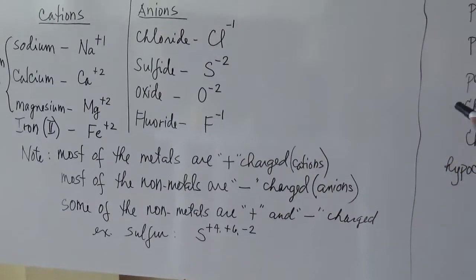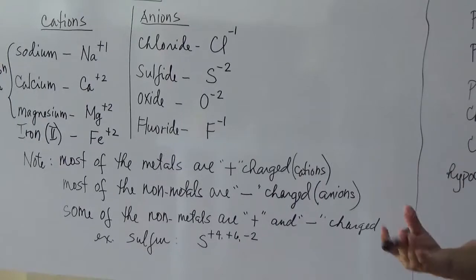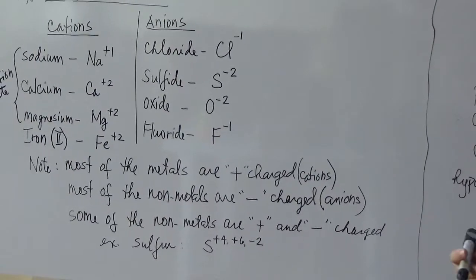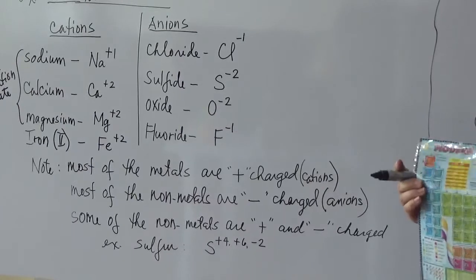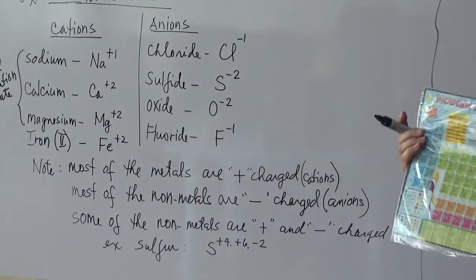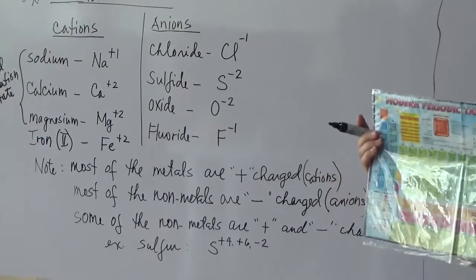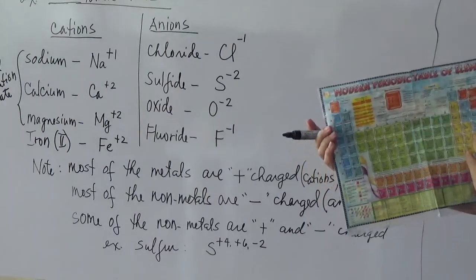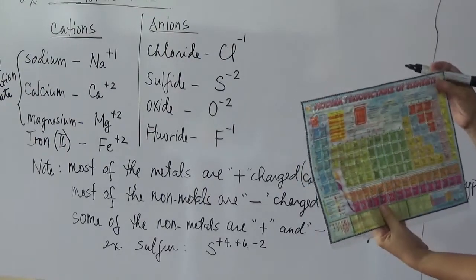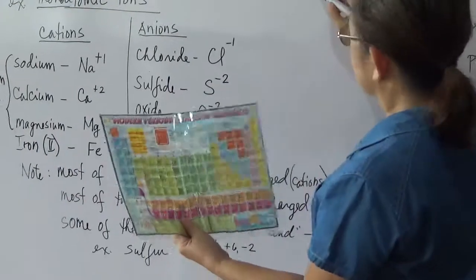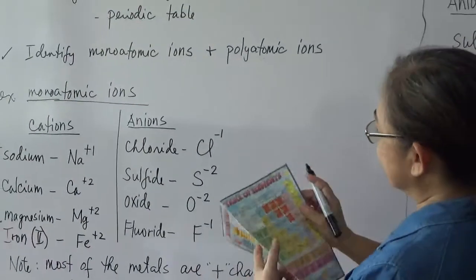So most of the metals, I hope that everybody knows where to find the metals and the non-metals in the periodic table, the separation of the metal and the non-metal. You know that, Mary? No? If you have the periodic table, you have there a zigzag line.